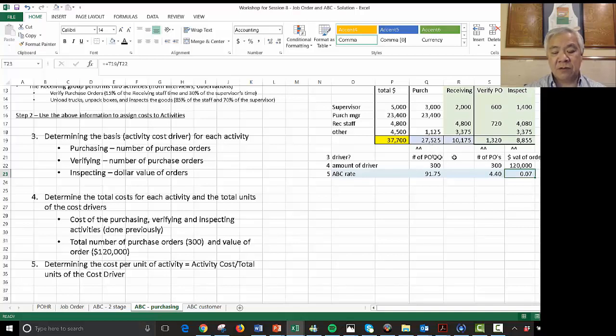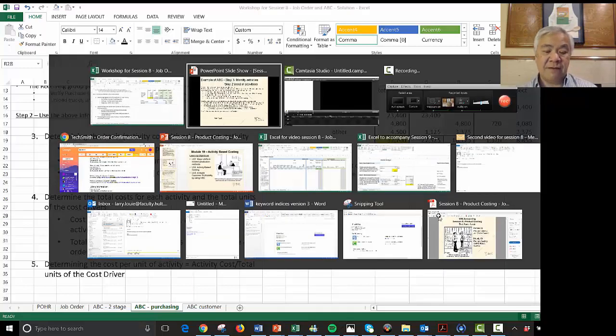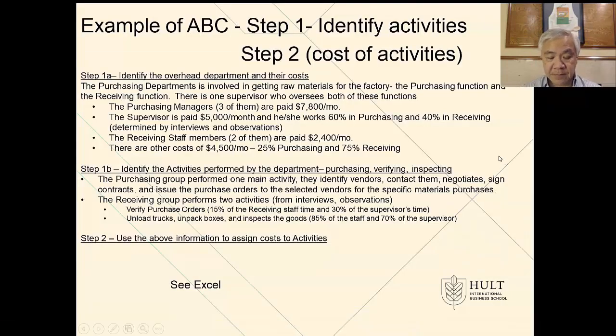In this case, it was POs and the dollar value. And then we look at the total expected amount for those drivers, which are 300 purchase orders and 120,000 in purchases. Now we're ready to get the ABC rate, which is the dollars divided by the driver for each of the three. So that's an overview of how to do ABC.